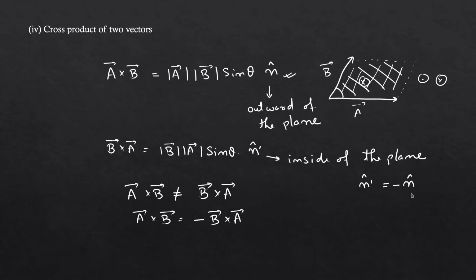This is outward of the plane, this is inward of the plane. Fine. So this tells directly that the cross product is not commutative in nature. It's not commutative, but it's distributive.